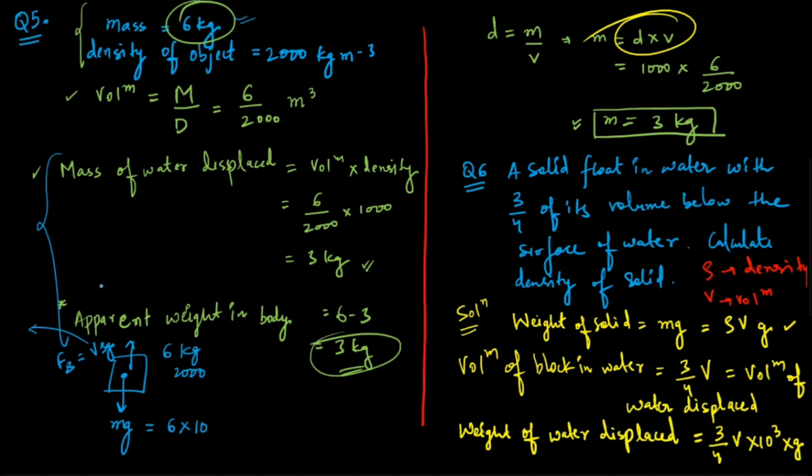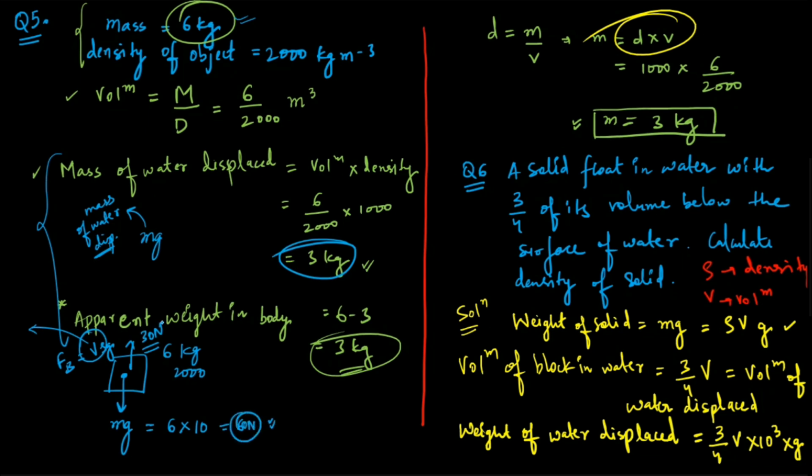Or we can also write mg, but here this mg is the mass of water displaced. So how are we supposed to find the mass of water displaced? Fb, which is acting upward, must be 30 newtons, whereas mg acting downward is 60 newtons.